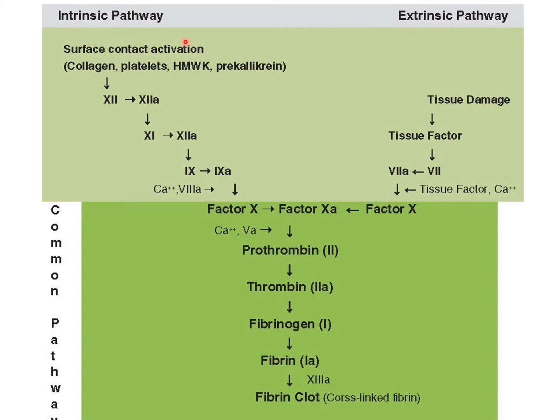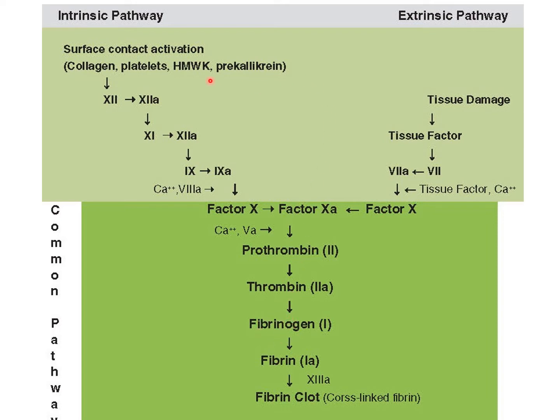What you need to remember is that the extrinsic pathway is triggered by tissue damage, whereas the intrinsic pathway is triggered by internal damage to the cardiovascular system, and both pathways converge at the activation of factor 10. So that is where the common pathway starts. Activation of factor 10 leads to activation of prothrombin, which leads to activation of thrombin, and activated thrombin acts on fibrinogen.